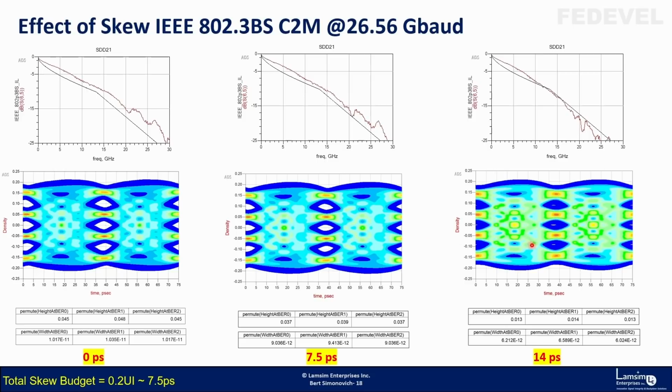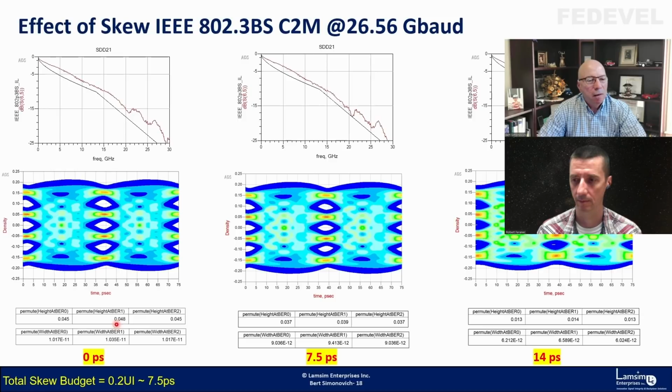PAM4 is the worst. PAM4 is most critical with skew. You can see we've already lost almost 10, that's the height, 10 millivolts almost. Let's say 8 millivolts in height, and the width, we're getting narrower in the eye widths here.